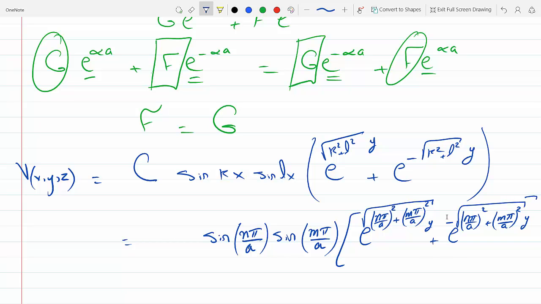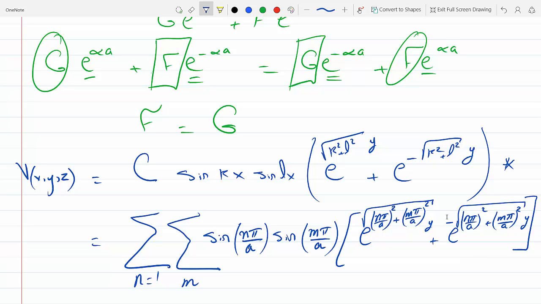Okay, so we know that if this one is a solution, the top one, so is any constant multiple of it, and therefore by superposition the sum is also a solution. So I have a double summation, because I have two varying indices here, the n and the m, one for each.